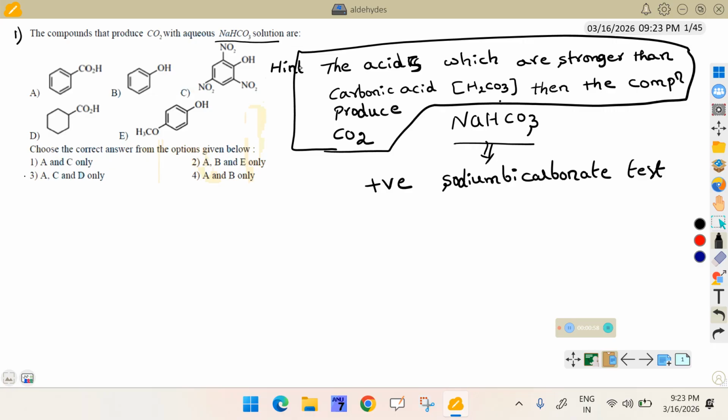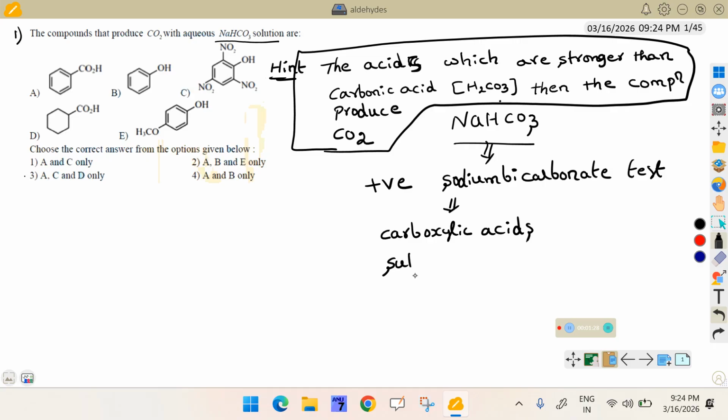This is the hint: the acids which are stronger than carbonic acid produce CO2 gas. So, according to the given options, which gives a positive sodium bicarbonate test? Generally, carboxylic acids give a positive sodium bicarbonate test.